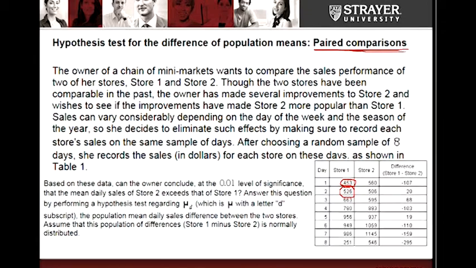But now we have paired comparisons, and that's a different sort of an animal. When you are specifically dealing with paired data, then you want to subtract each pair of data and get its own difference. So you're going to end up with the mean of the differences. So first we find all the differences, and then we're going to find the mean of those.